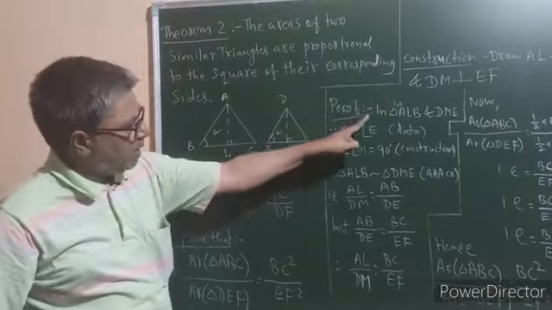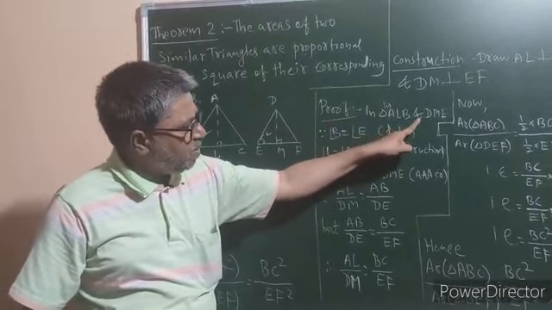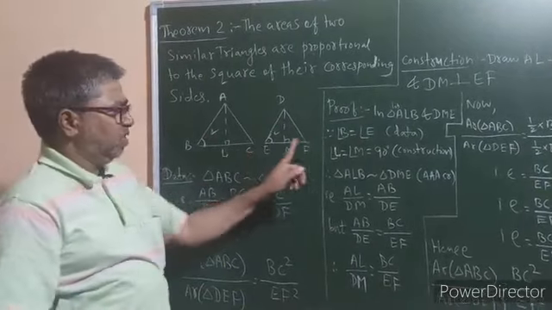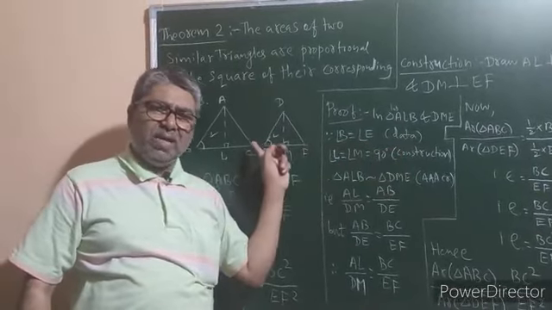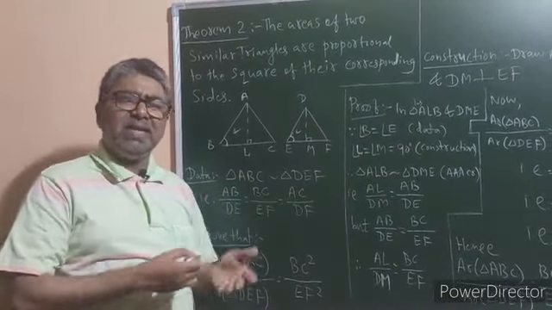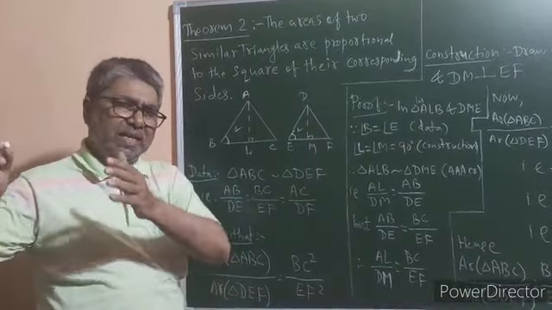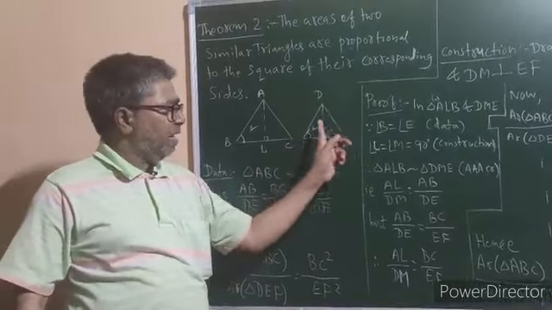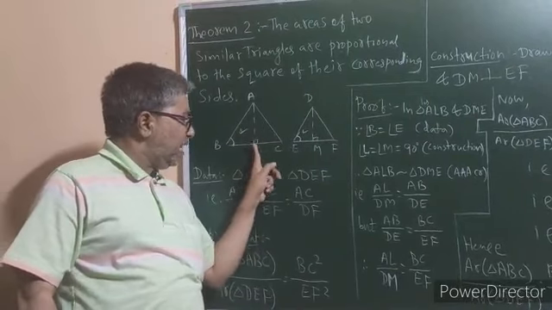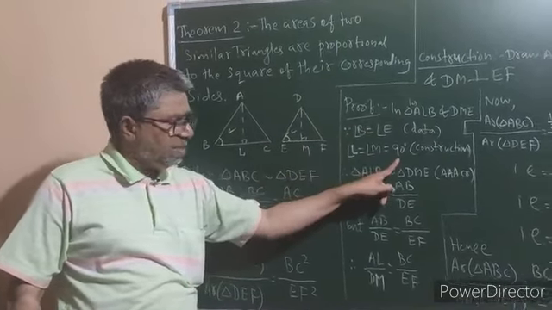In triangles ALB and DME, angle B is equal to angle E. This is from the data. Why are they equal? Because the triangles are similar, that is, equiangular, hence angle B must be equal to angle E. And angle L is equal to angle M is equal to 90 degrees.